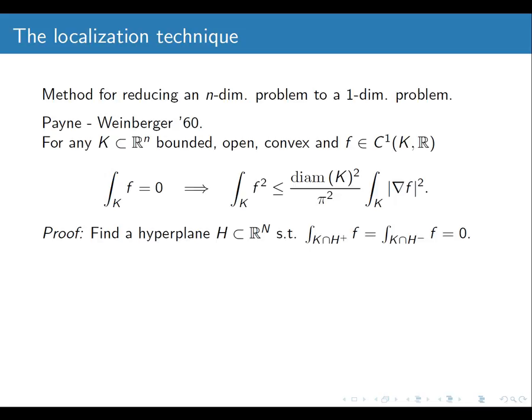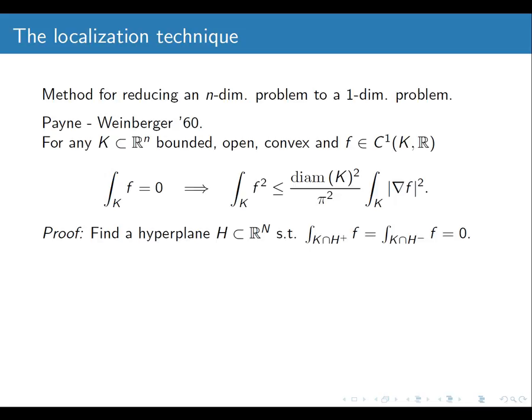In a way, you reduce your set K to a smaller subset. So this again sounds a bit strange, but okay, what they did: at first you have to think that if you pick one point inside K, you can find a hyperplane going through this point in such a way that the function f still has zero mean inside K intersected with the upper part of the hyperplane, and also on K intersected with the lower part of the hyperplane.